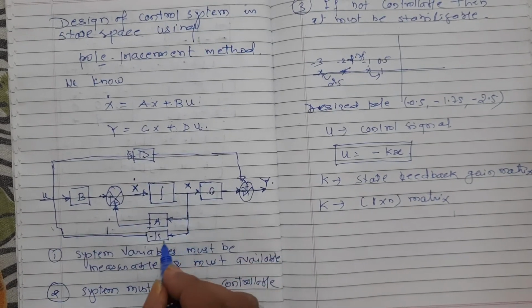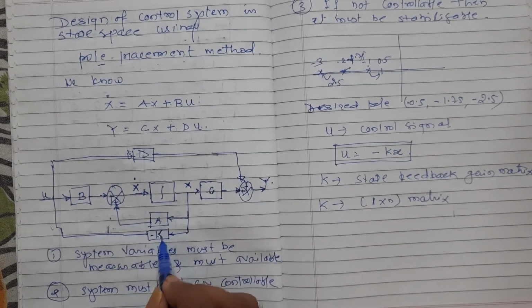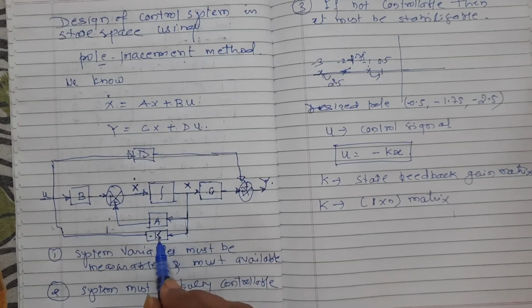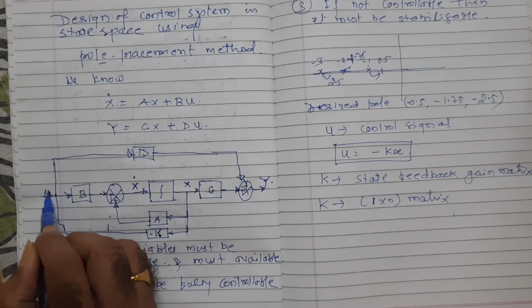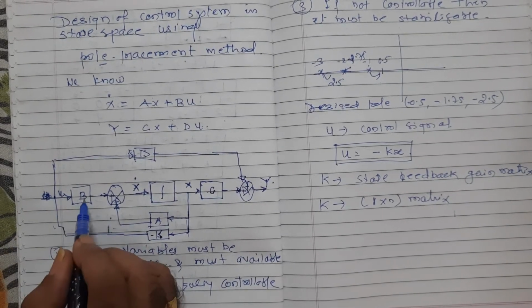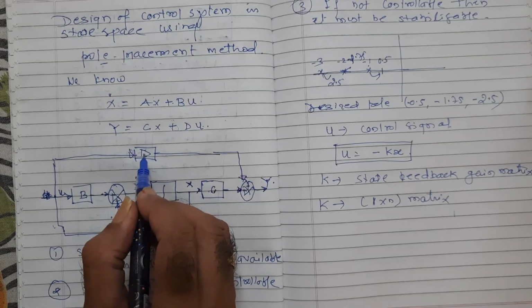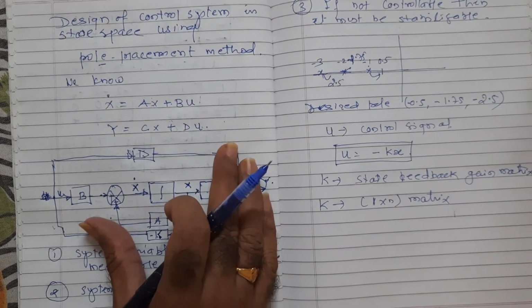This is x, and x into minus k is minus kx, and it is given here. So this becomes my u. Now u is given to the b as well as to the d, and now this is my control system.